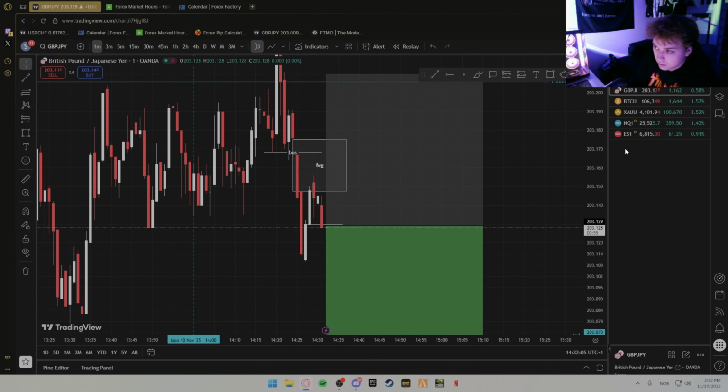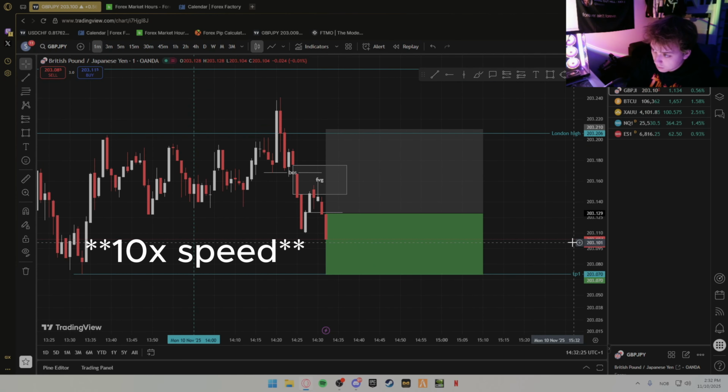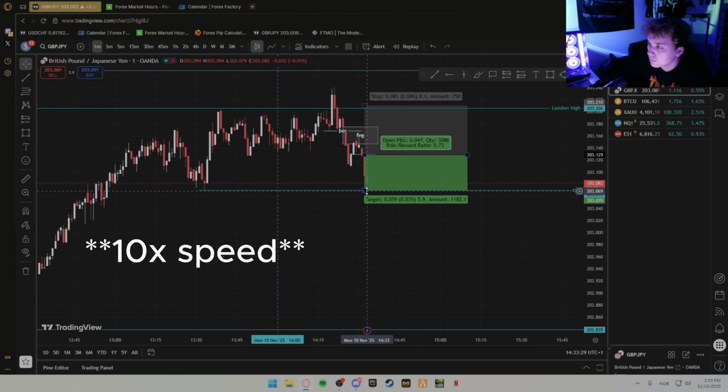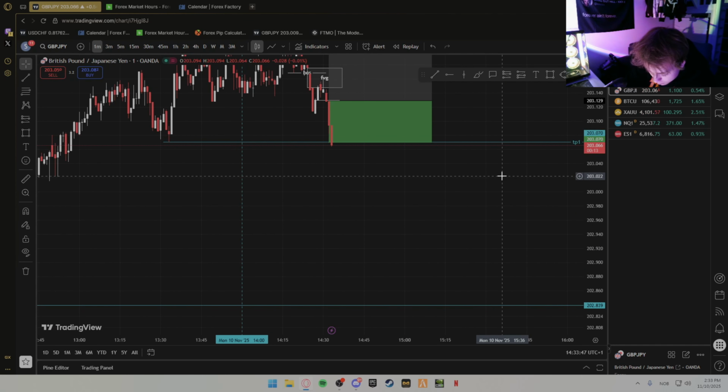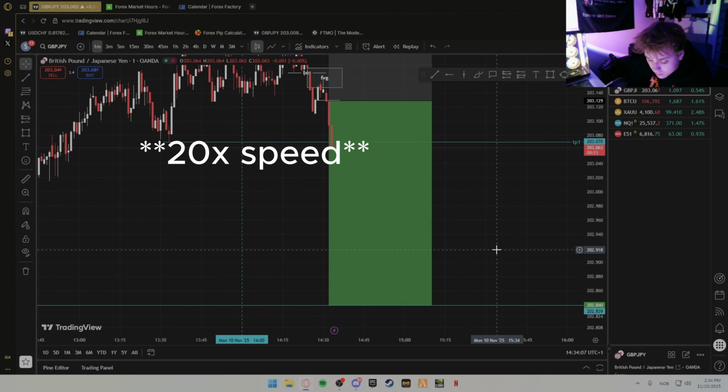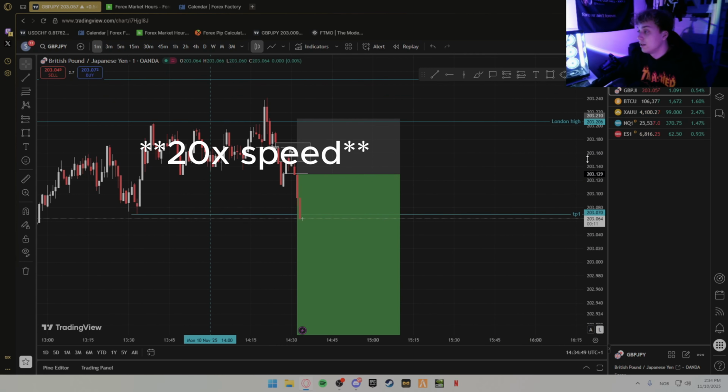There you go. Enter. There you go. That's TP1. Let it run from there.